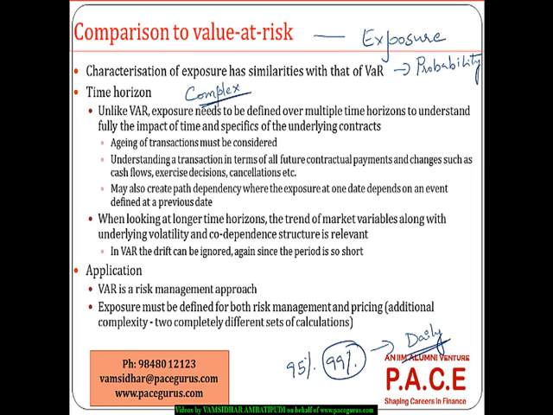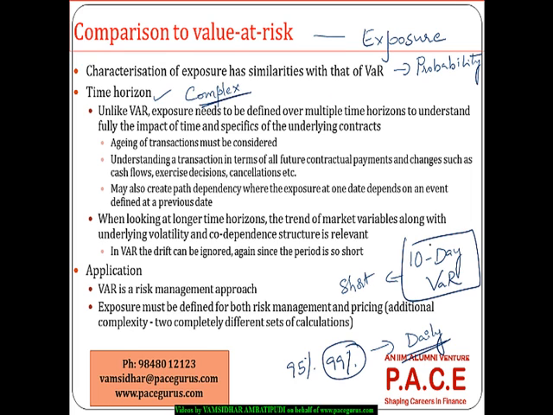There are a few areas where there is a significant difference between exposure and value at risk. Look at the time horizon. Yes, both of them use a time horizon, right? But in general, in case of market value at risk, let's say I'm computing a 10-day value at risk. That's it. Which means I'm computing the value at risk for a very small time horizon.